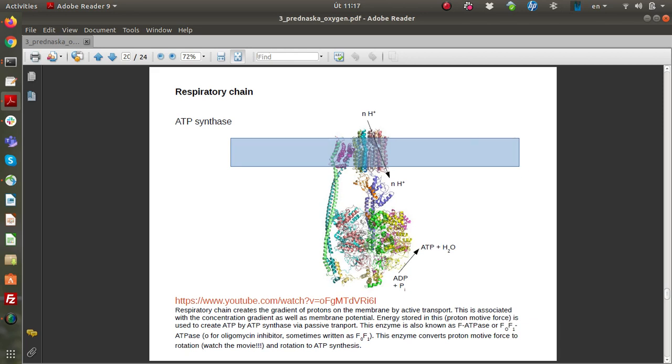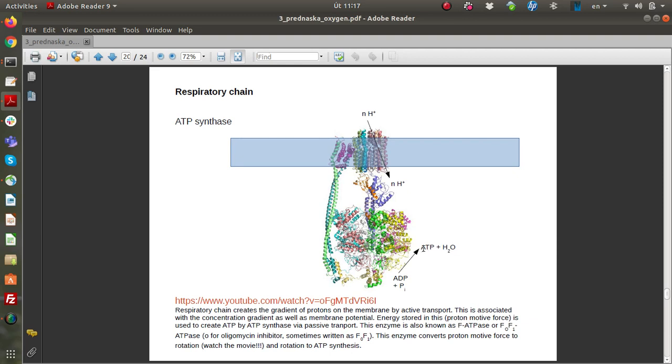And this rotation is used to pump protons in the opposite direction, but it doesn't have any effect because the protons which are pumped from this side to this side can easily return in the absence of the membrane.